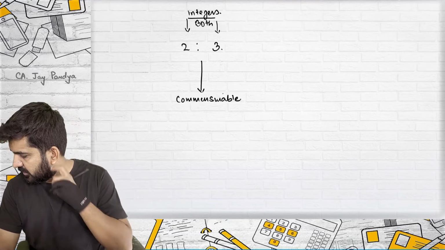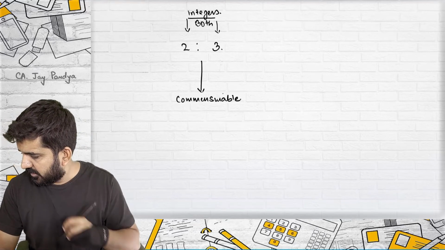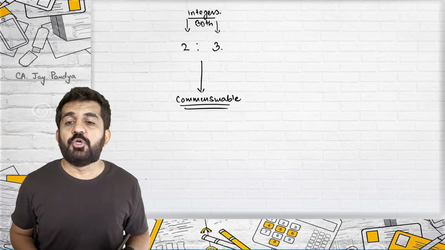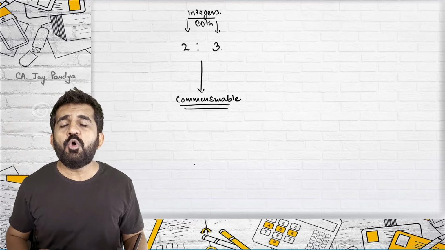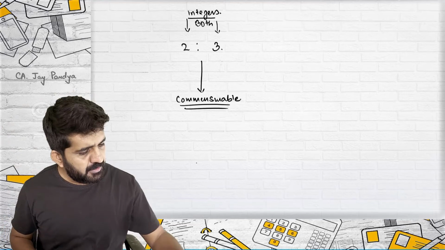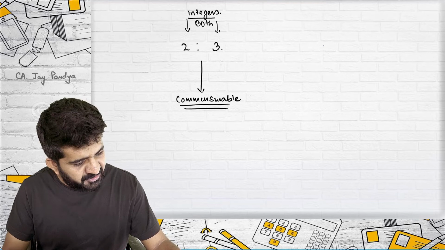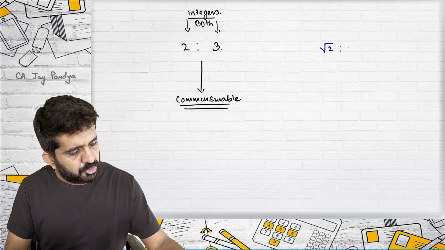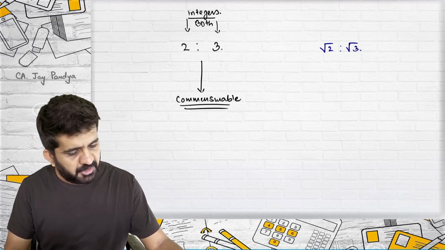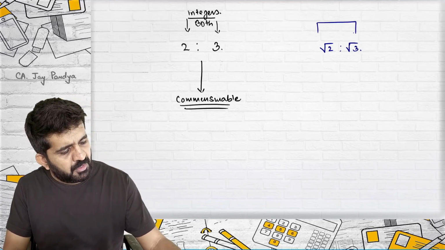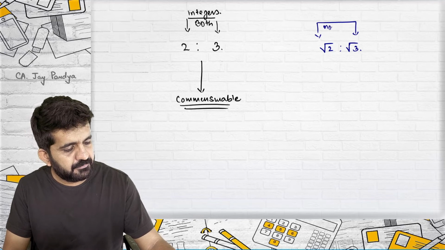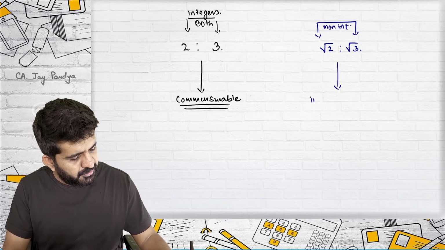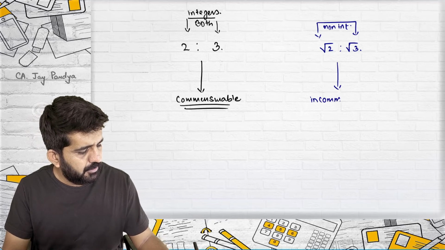Let me check the spelling. Yes, I've written it correctly. It is commensurable. If both are integers, it is commensurable. If both are non-integers, it is incommensurable. Say under root 2 is to under root 3. If both are non-integers, then this ratio is incommensurable.